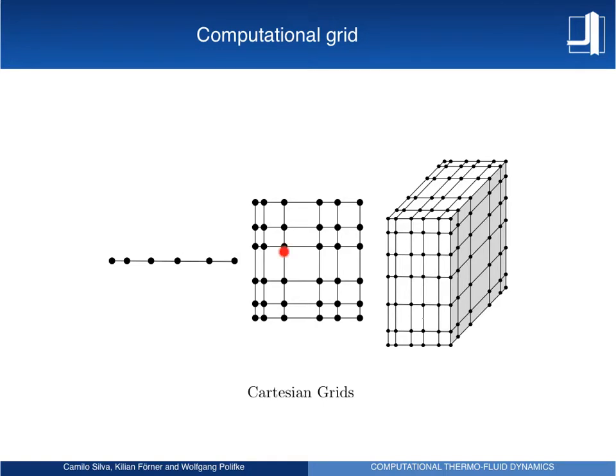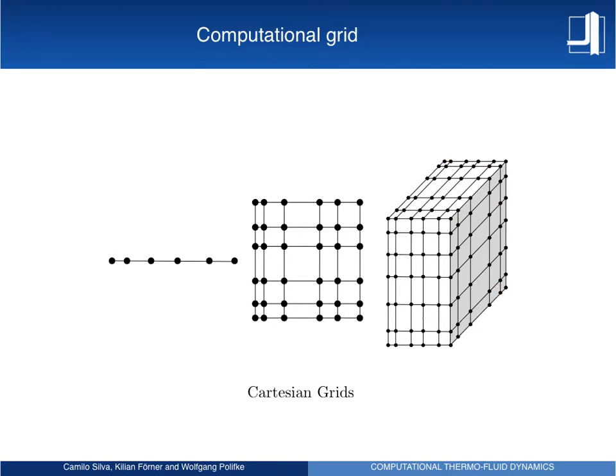Here the cell is surrounded by the faces, and the faces are intersected and form nodes. So this is what composes a grid.